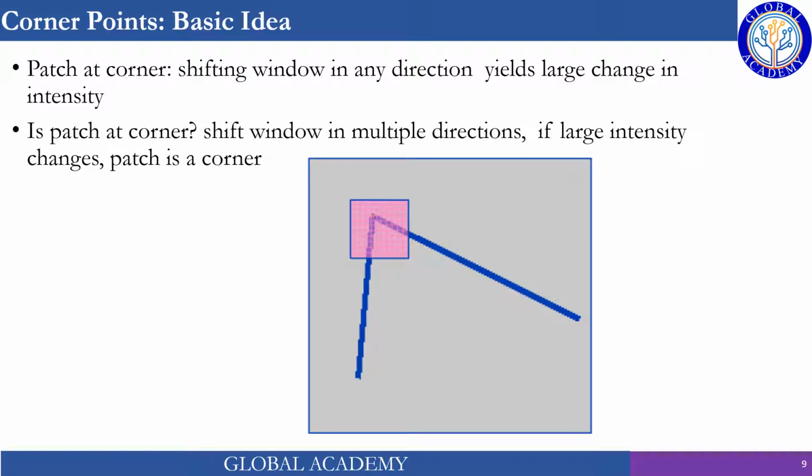If the window is translated in this direction, you can see there will be a huge change in intensity, whereas if moved in this direction, there will be a little change, or in this direction, a little change. So we can detect a corner based on the change in intensity within this patch of the image, just by translating it and measuring the intensity. But this is not the proper mathematical way to compute the corner. This is just an idea. How do we do that?